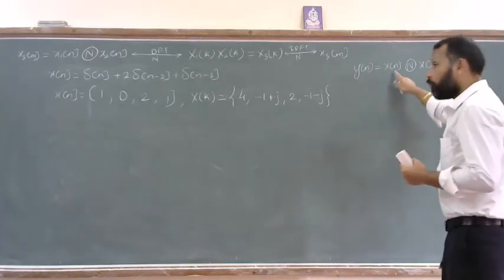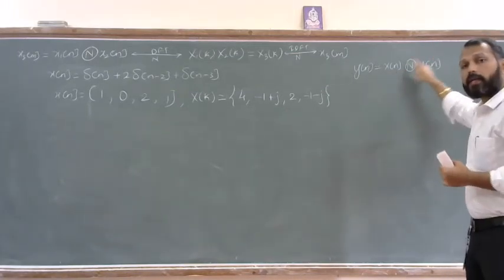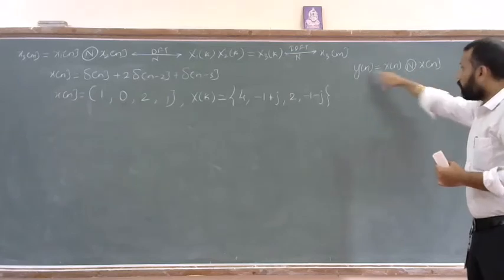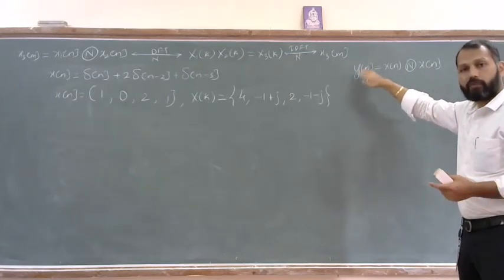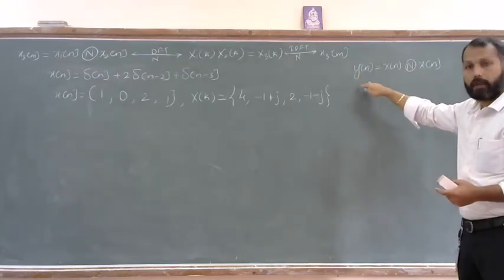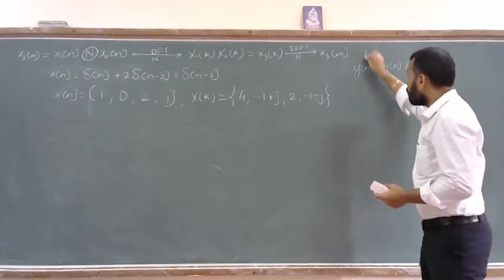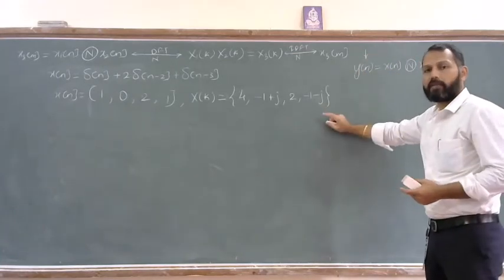When that 4-point sequence is circularly convolved with itself, it will give us another 4-point sequence, which we are calling y of n. Are you all getting this? Now we need to obtain this y of n by using the DFT and IDFT method.